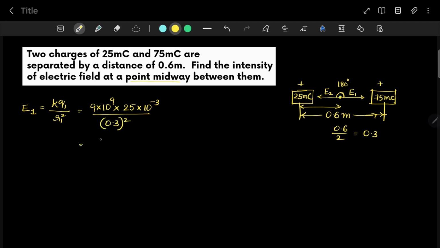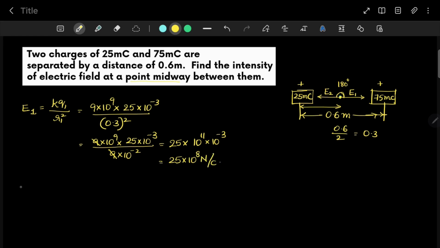This is equal to 9 into 10 power 9 into 25 into 10 power minus 3 divided by 9 into 10 power minus 2. 9 and 9 get cancelled. So it is 10 power 9 plus 2, which is 10 power 11. So it will be equal to 25 into 10 power 11 into 10 power minus 3, which is 25 into 10 power 8 Newton per Coulomb.